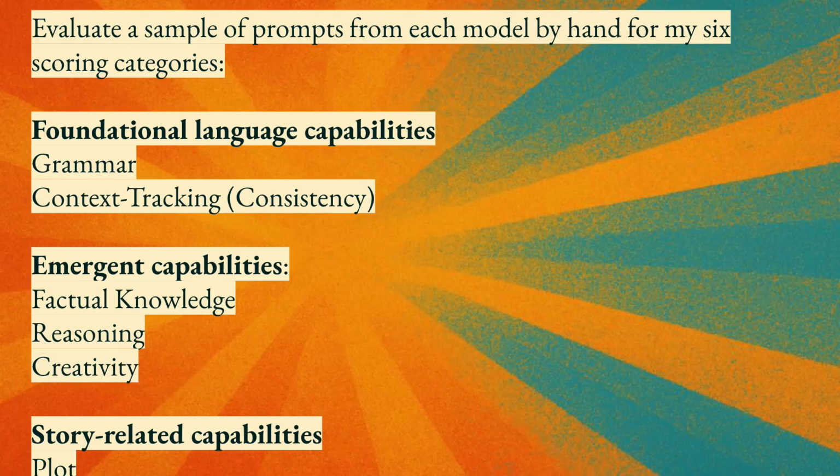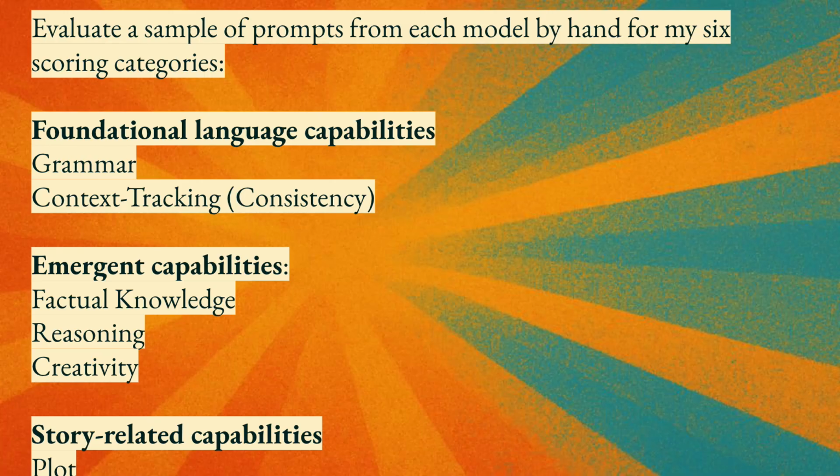And these are my 6 categories. I have 3 groups of categories: foundational language capabilities, emergent capabilities, and story-related capabilities. Part of what I want to do in this process of manually evaluating the data is come up with good definitions of what these 6 things actually mean. So when I say grammar, what am I actually looking at?